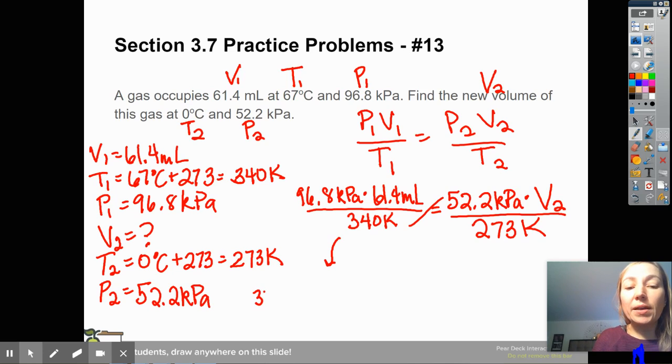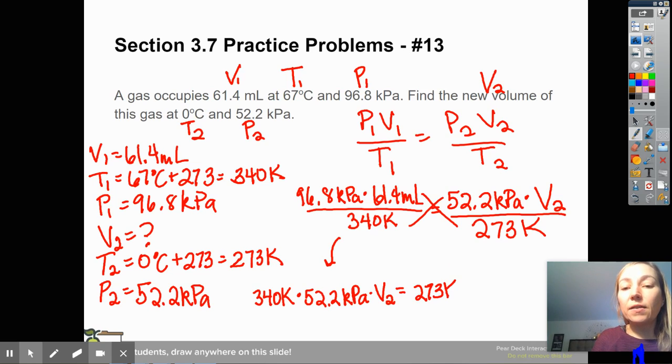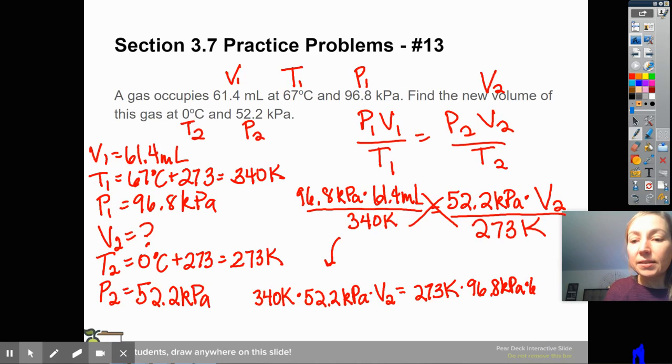So I'm cross multiplying and I'm going to get 340 Kelvin times 52.2 kilopascals times V2 is equal to, in the other direction, 273 Kelvin times 96.8 kilopascals times 61.4 milliliters.